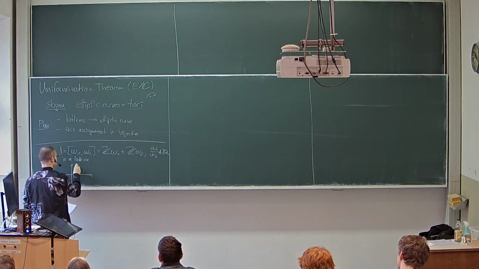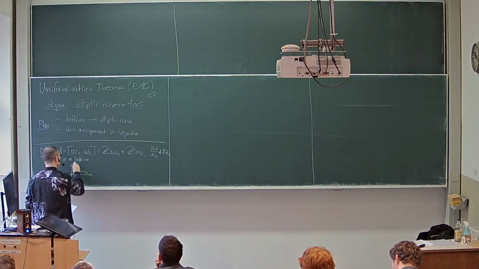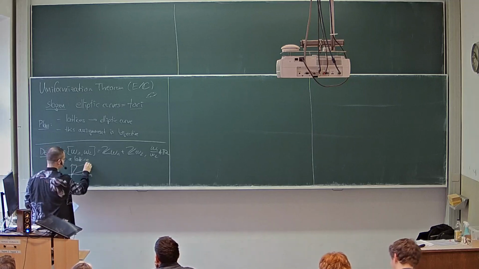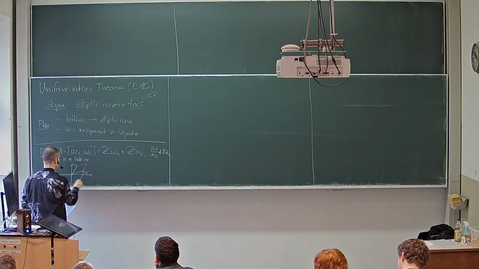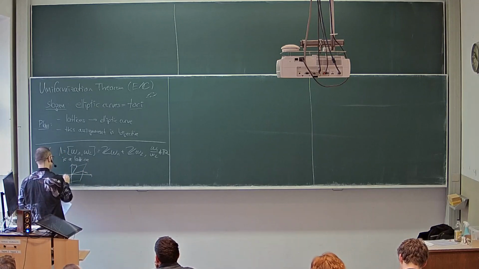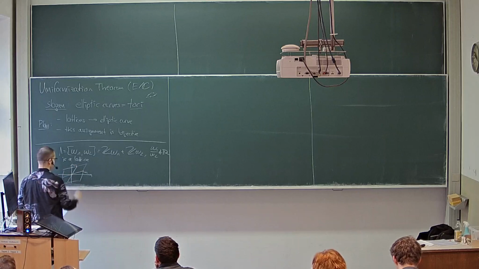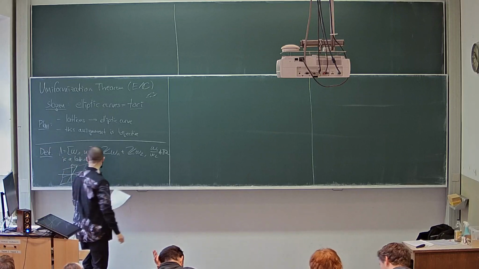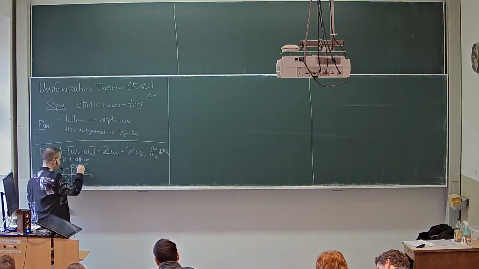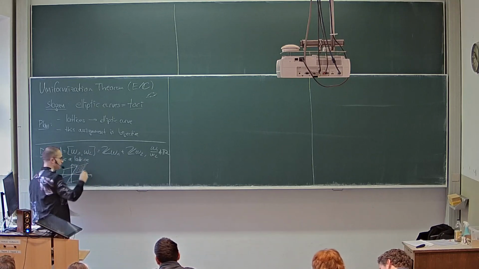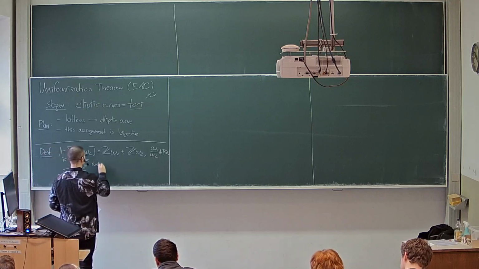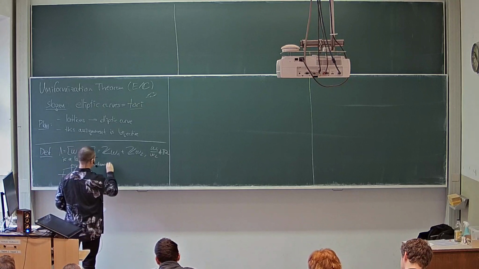You fix two points, omega 1 and omega 2, and you consider all its Z multiples. So you get the point here, the point here, the point here, and so on. And we call such a thing here a fundamental domain.